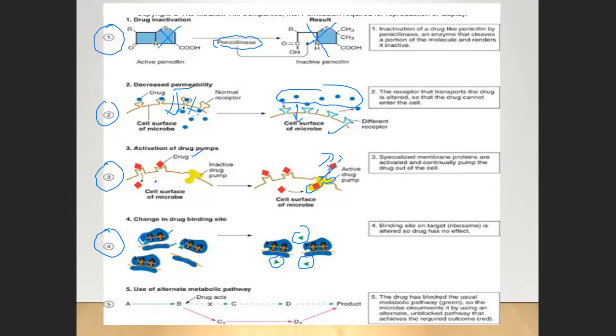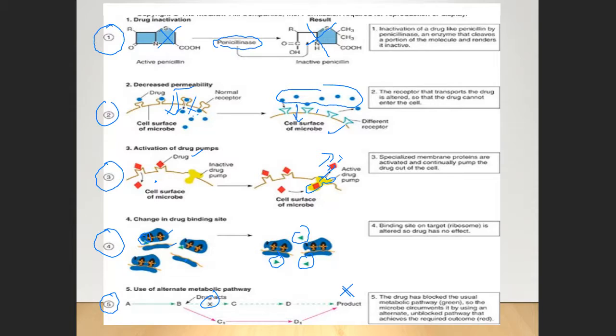And the last one is the bacteria that have the ability to change their metabolic pathway. For example, this is the normal metabolic pathway, and then if you put the sulfa drugs over here, then there will be no product. Okay. Now, this bacteria has the ability to change this pathway.